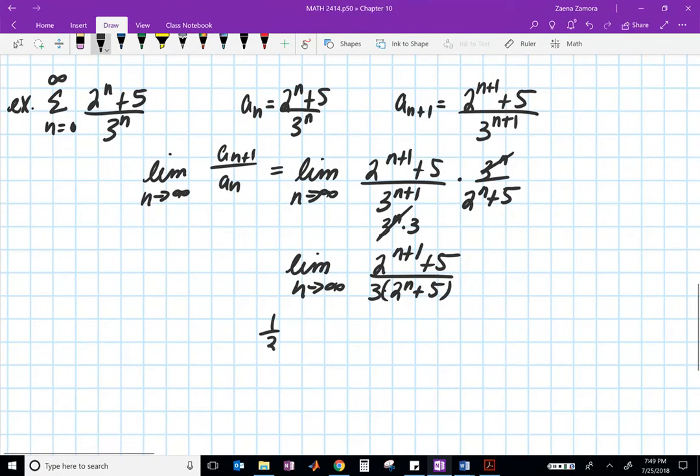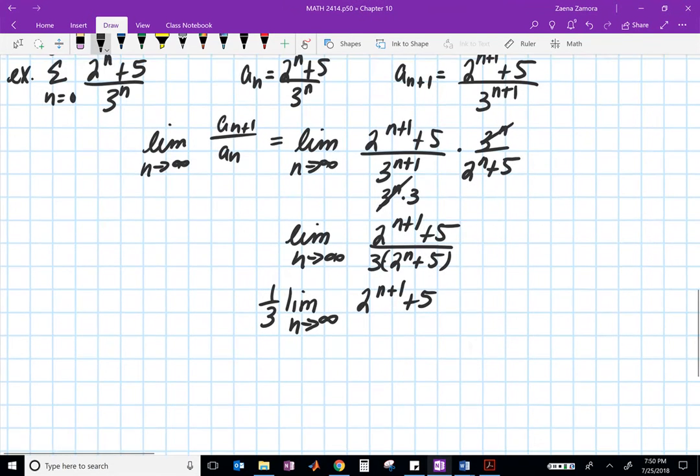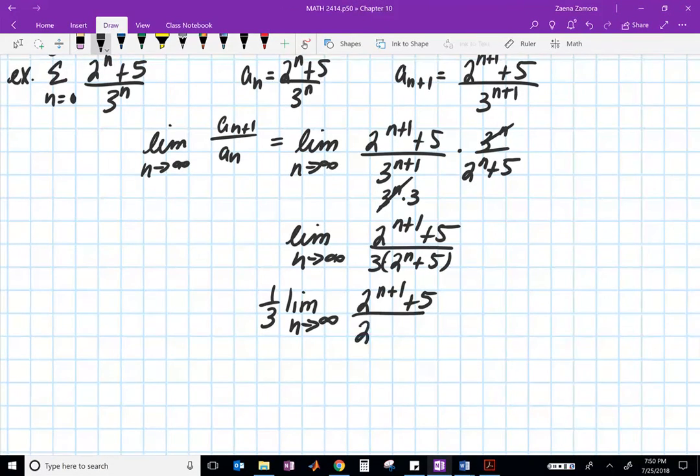So 1/3 times the limit as n goes to infinity of (2^(n+1) + 5) over (2^n + 5).